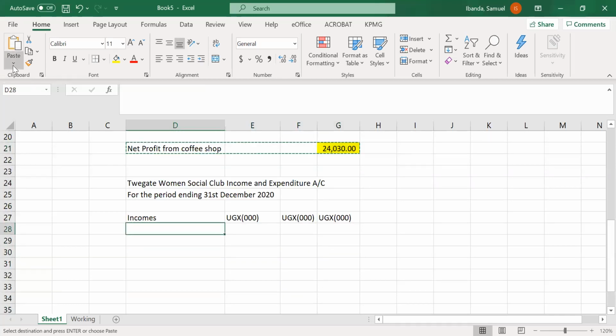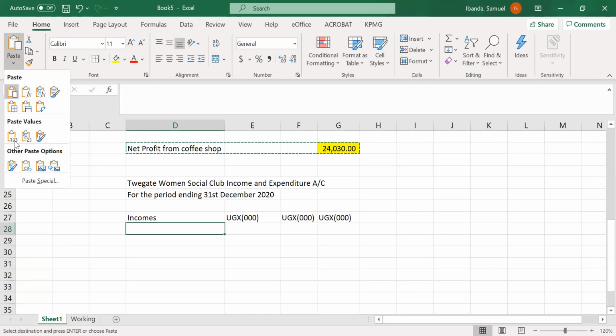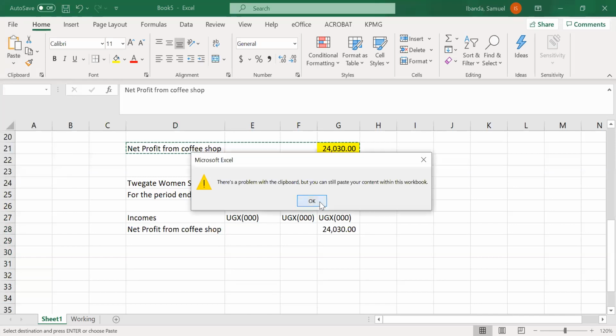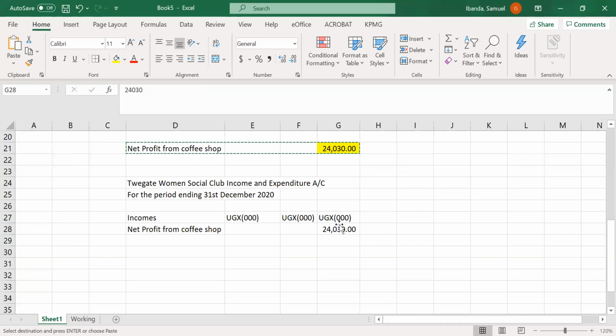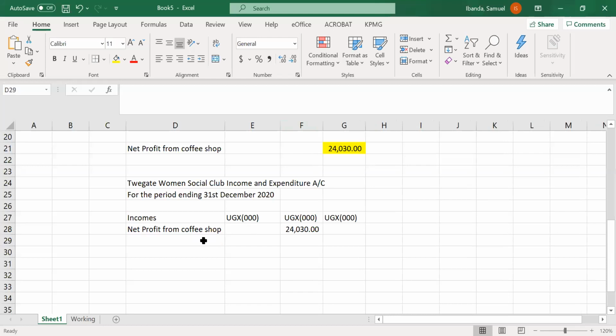So profit from the coffee shop is an income that we have to record here. That is why we have it brought here. Are we together? I can put it in the second column.